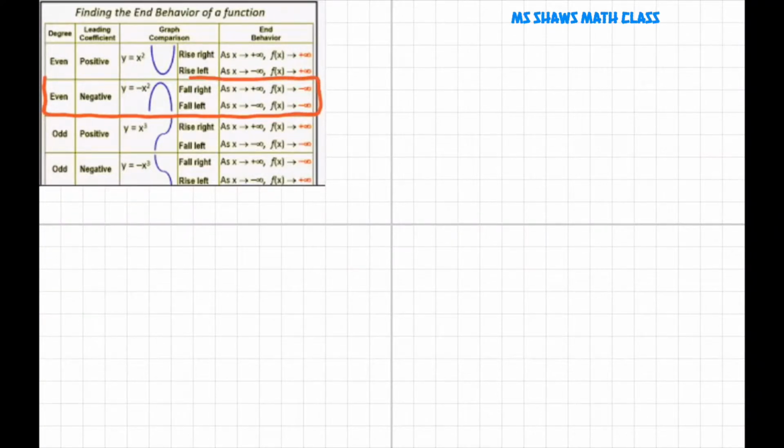All right. So our degree was 4, but the graph comparison is that one. So basically it looks almost just like that, but it's a little flatter in here and it shoots down faster. But we don't really care so much about that. We just care about the general shape of this. So for our end behavior, what we're looking at is where are we going to start, where are we going to end.